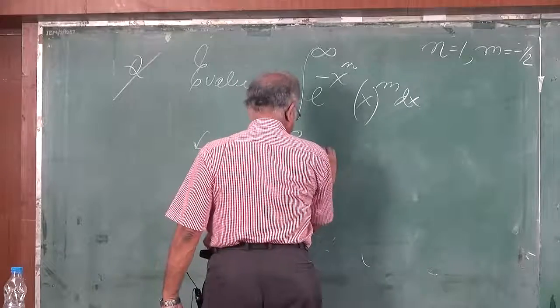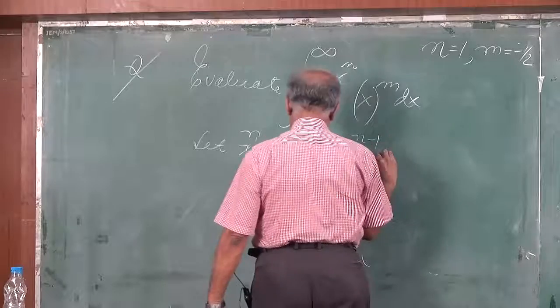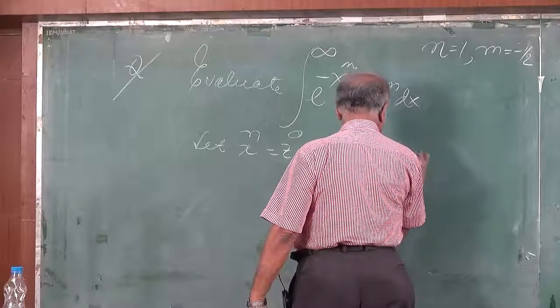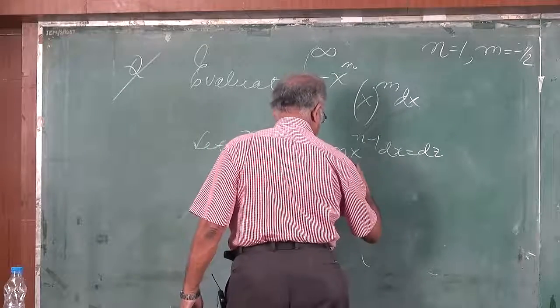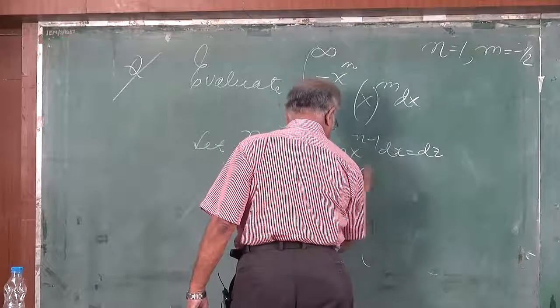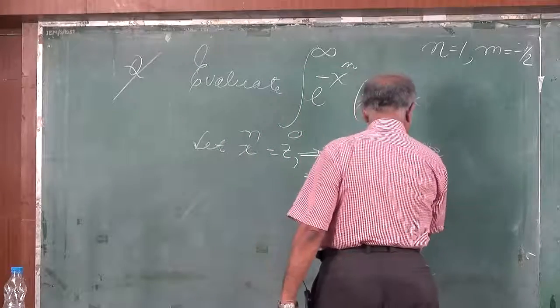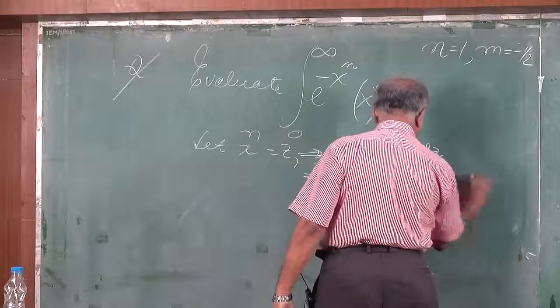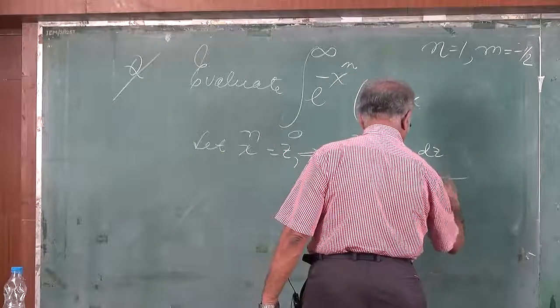This implies n x to the power of n minus 1 dx is dz, and this implies that, my friend, dx is equal to dz over n x to the power of n minus 1.